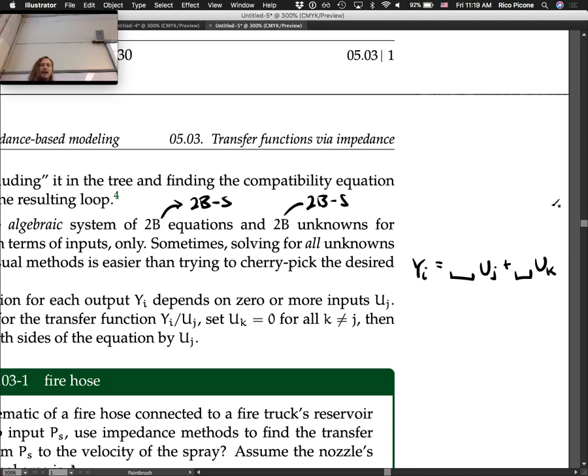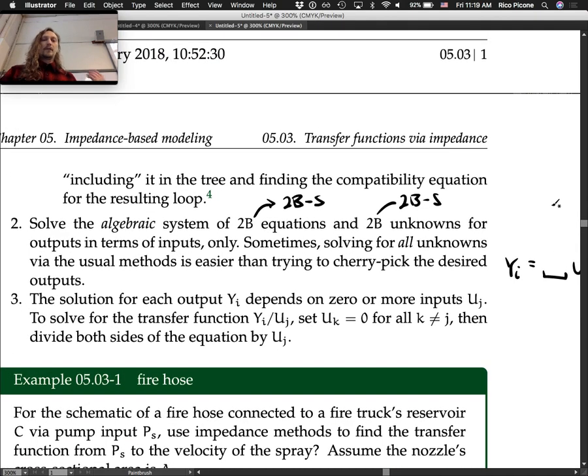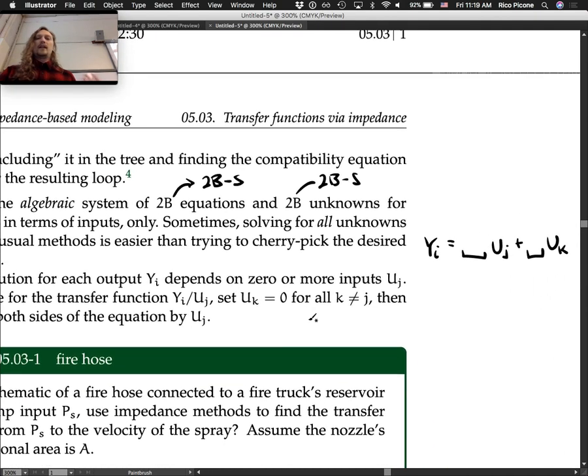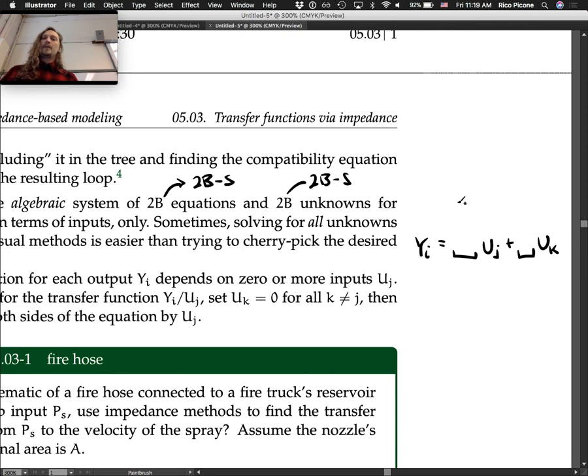And in order to find the transfer function, step 3 is to take the expression for the output that you're interested in and set all of the inputs equal to 0 that are not the input that you want the transfer function for at this moment. Okay?